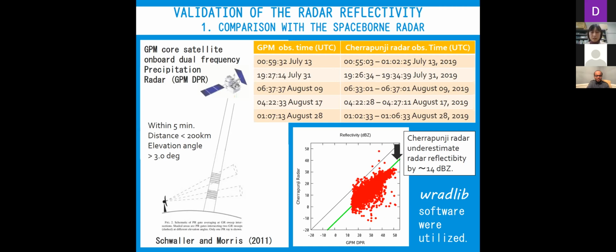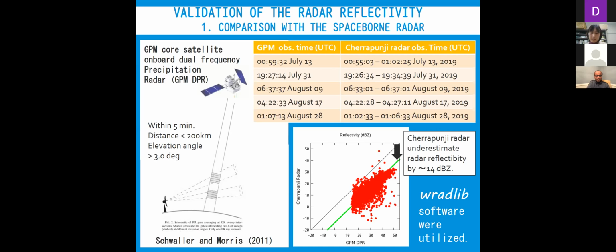There were 6 opportunities to obtain the match-ups during the 2-month analysis period. We utilized the Cherrapunji radar data within 5 minutes before and after the satellite overpass, and also used the elevation angle above 3.3 degrees to avoid the ground clutter.